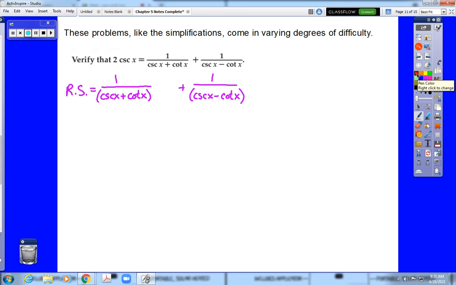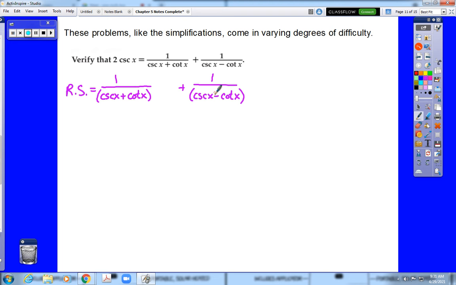Now notice that the only difference between these denominators is one is a plus and one is a minus, which means they are conjugates of each other. You may remember conjugates from dealing with radical expressions and imaginary numbers in Algebra 2.